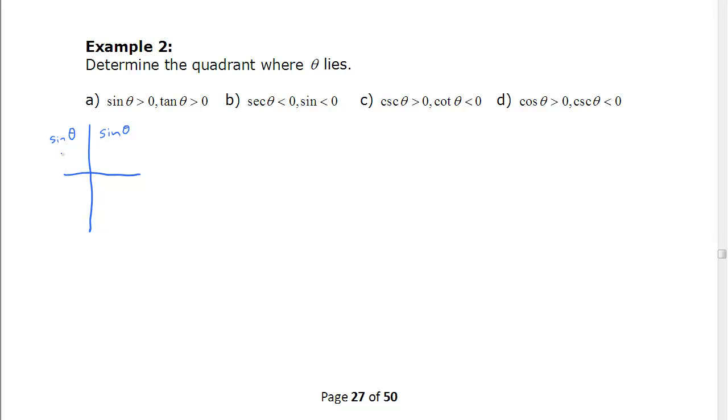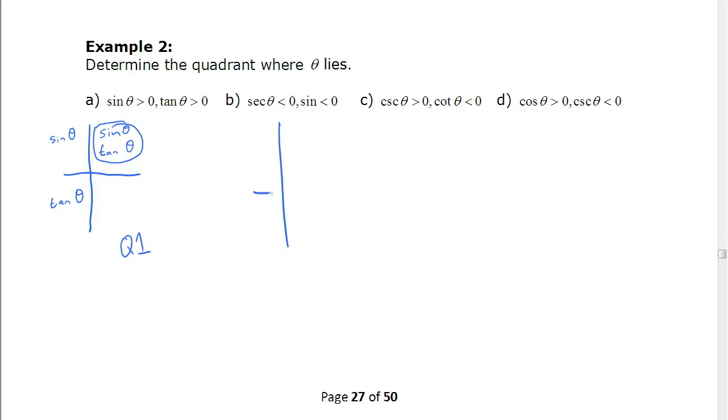So they're positive in both of these. Tan theta positive, well, that happens in quadrant 1 and quadrant 3. So the only quadrant where both of these things are true is quadrant 1, so the answer has to be in quadrant 1, because that's the only location where both sine and tan are both positive.